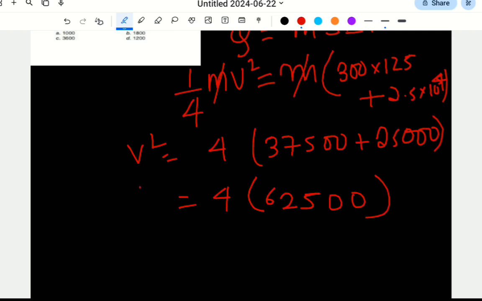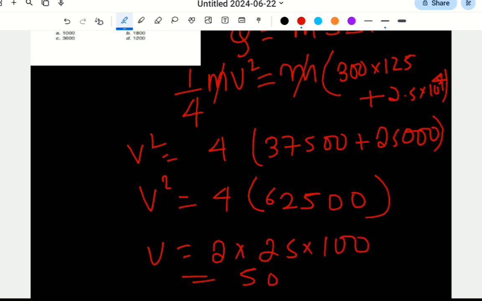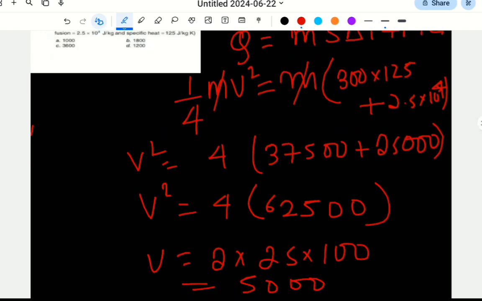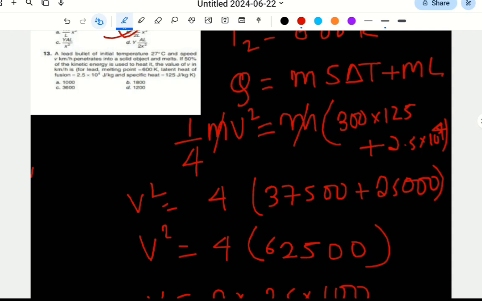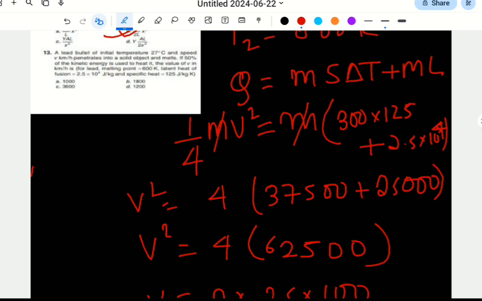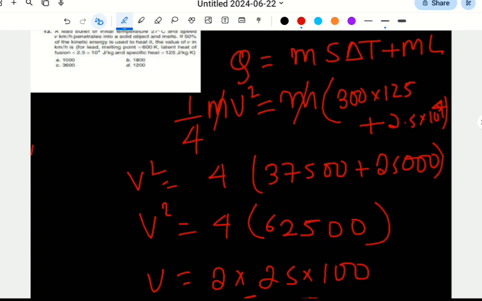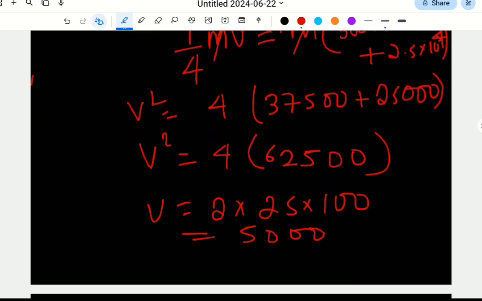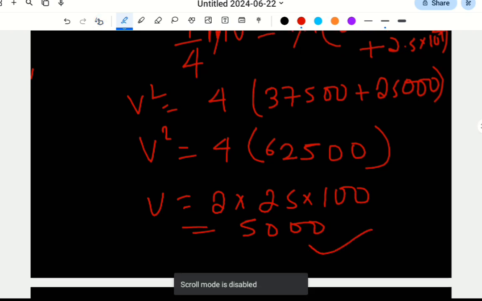Now v square. So v will be equal to 2 into 25 into 100, which is equal to 5000. Okay. It's not matching. Kg and kg. Everything is correct. Then what's the problem? 25, 625. It's correct. Okay. All of it is correct. My answer is 5000.